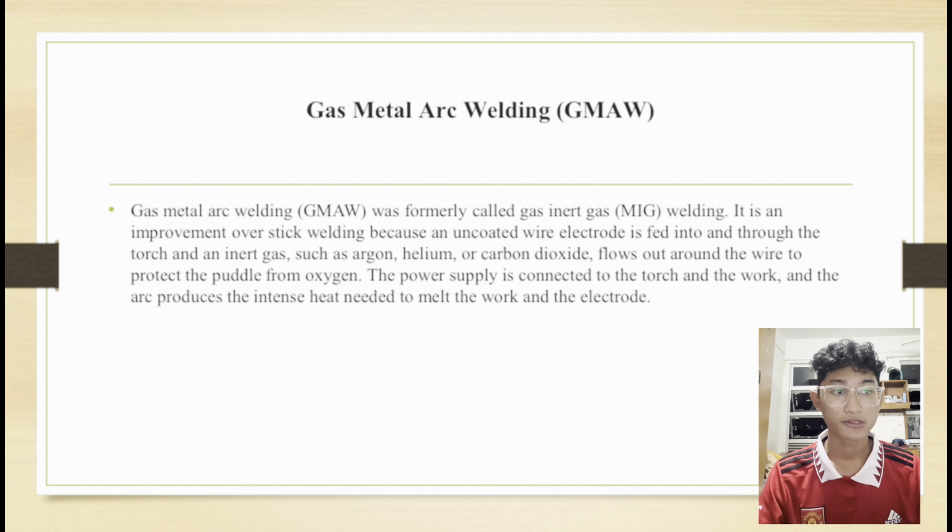Gas metal arc welding or GMAW. Gas metal arc welding was formerly called inert gas MIG welding. It is an improvement over stick welding because a wire electrode is fed into and through the torch, and an inert gas, such as argon, helium, or carbon dioxide, flows out around the wire to protect the puddle from oxygen.